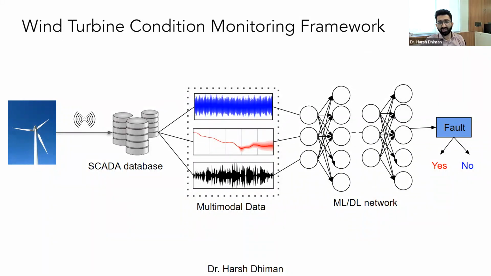What is the temperature of the oil inside the gearbox? Oil is used as a lubricant. So if there is contamination in your lubricant, you will be monitoring the temperature of that oil. How that temperature varies over a period of time could be an indicator of a potential fault in your gearbox. Then you also measure noise, acoustic emissions, from your turbine.